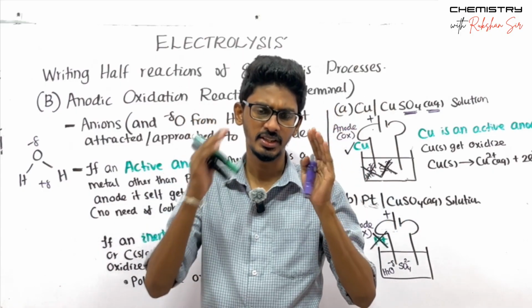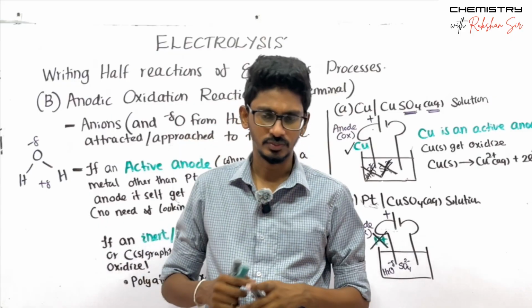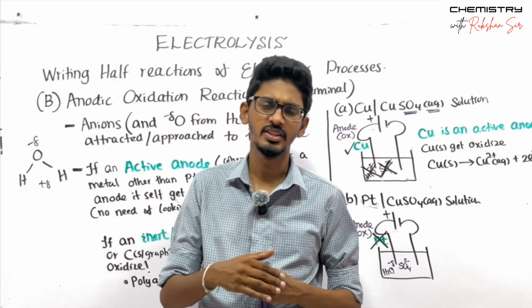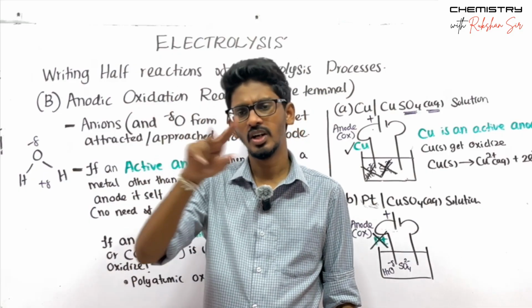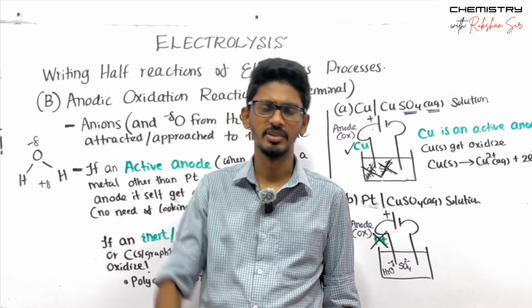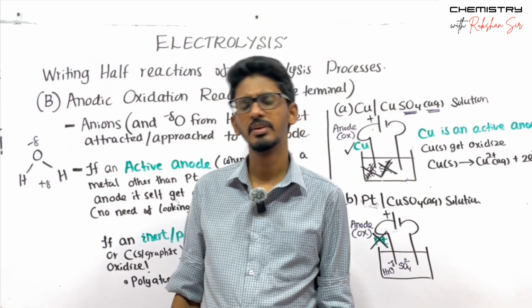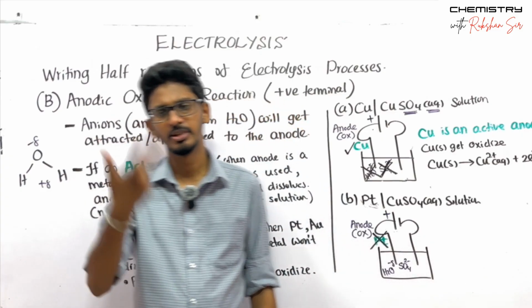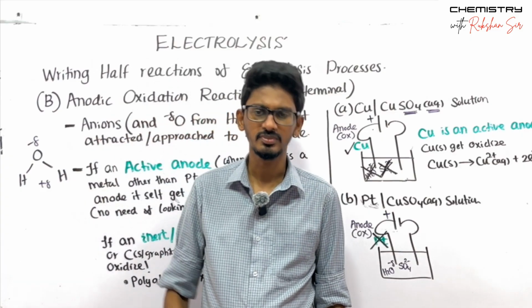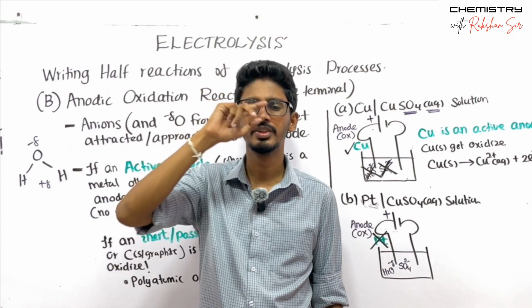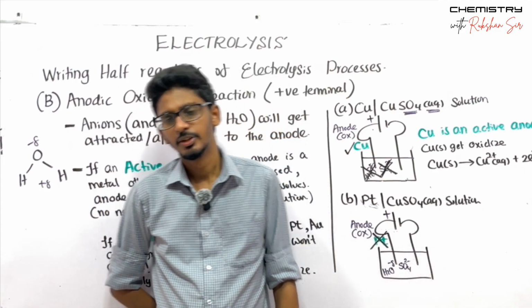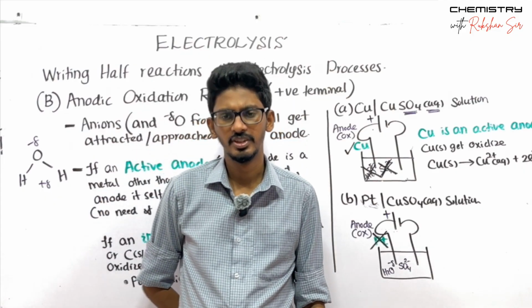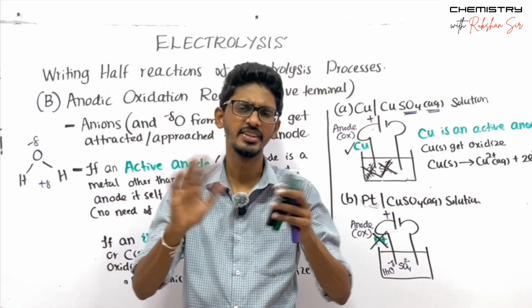Polyatomic normally means more than 2. The prefix poly is normally used in chemistry for more than 2. If there are 2 atoms, it is diatomic. Diatomic molecules, diatomic species.